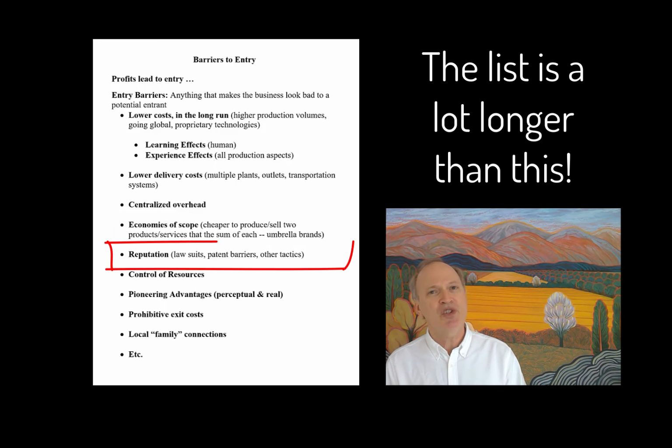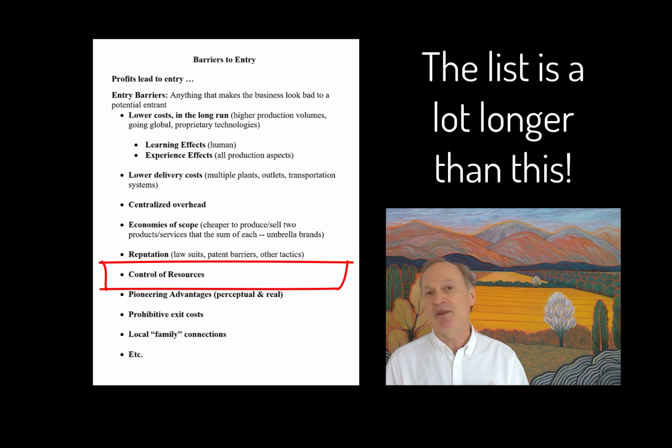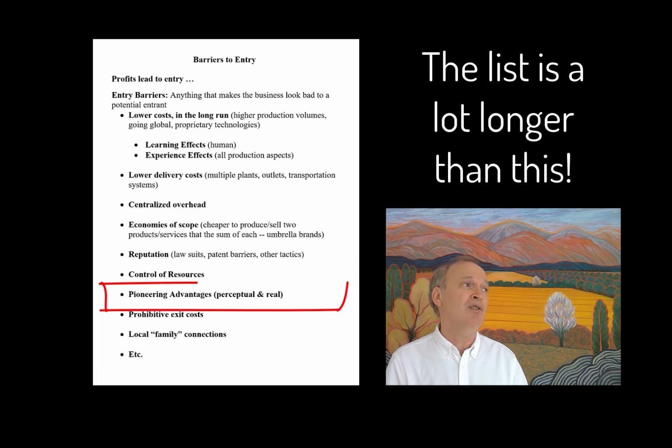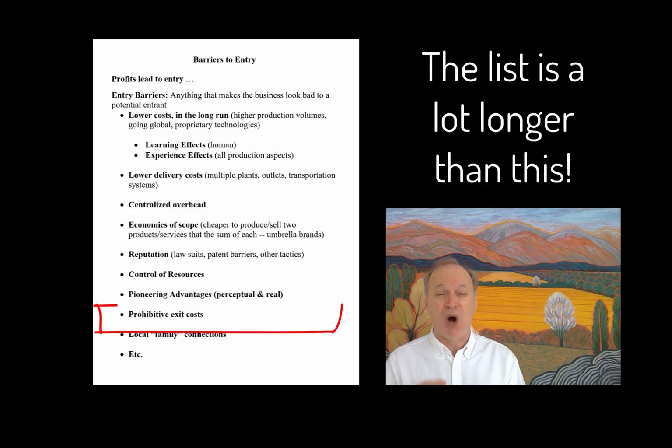Reputation, for example, suing people that come to your business, that can be a barrier to entry. Controlling resources, having access to mines or things like that, or oil reserves, etc., can be a barrier to entry for others. Claiming you're the first into an industry, being a pioneer, making it expensive for people to exit if they have to post a bond to enter a market, and that bond isn't paid by the people already in the industry, that's a barrier to entry.